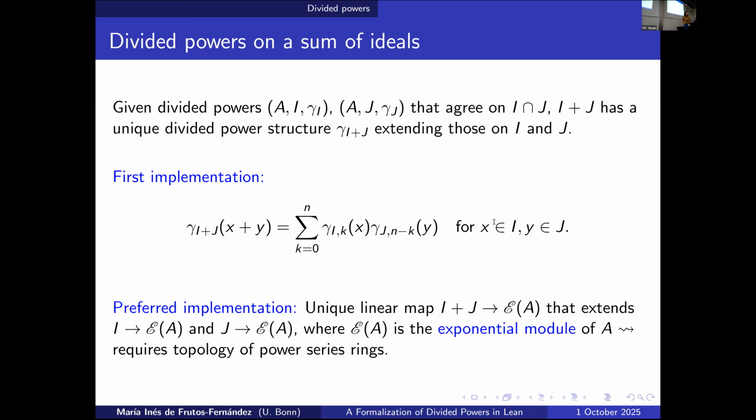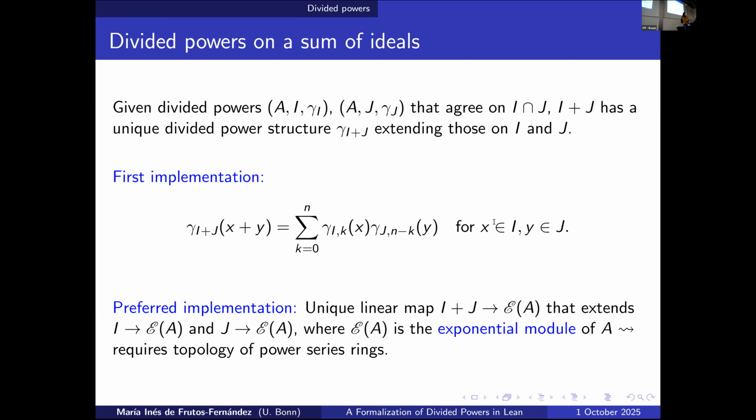This is more elegant mathematically, and it relies on the observation that if you have a divided power structure gamma I on the ideal I, this is going to induce a linear map from the ideal I to something called the exponential module of A. If you take the two maps that you get like that from I and J, they are going to give rise to a unique linear map from I plus J to the exponential module. This unique linear map is going to determine what the divided power structure has to be on the sum of I plus J.